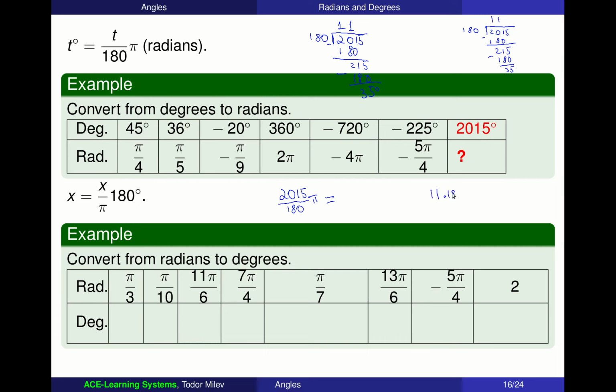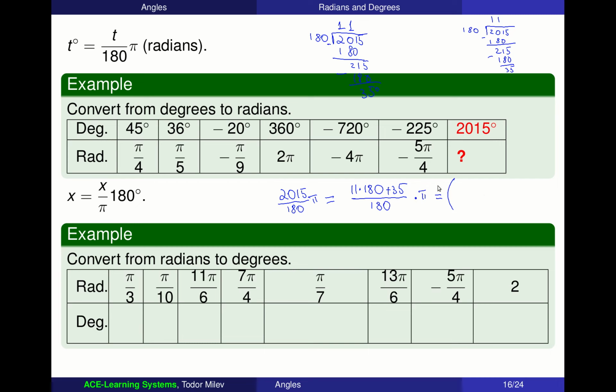So I'm getting 11 times 180 degrees plus 35, right? So that is 11 times 180 plus 35, divided by 180, whole thing times pi.